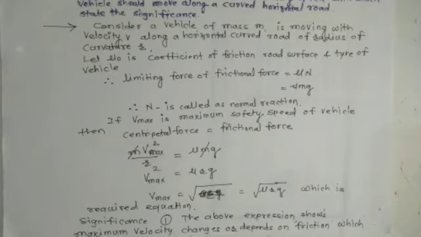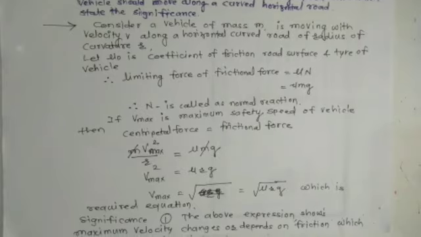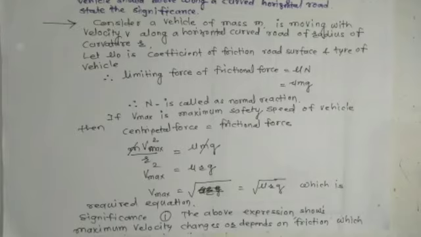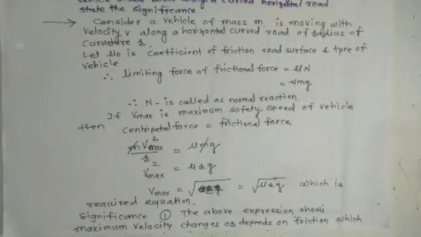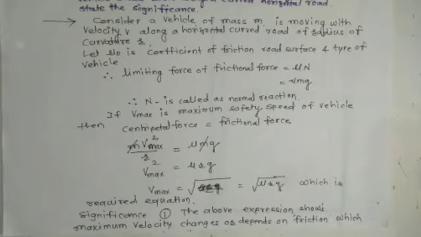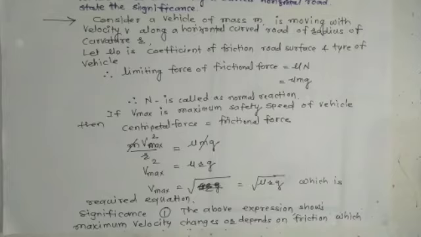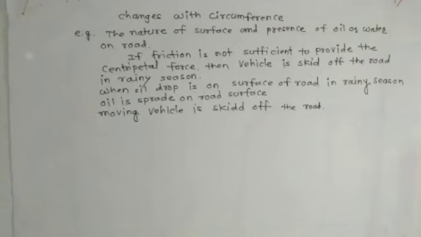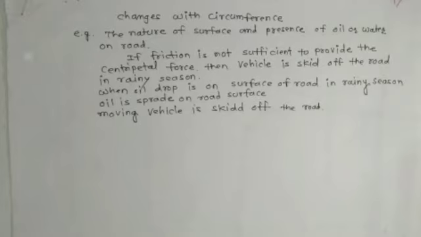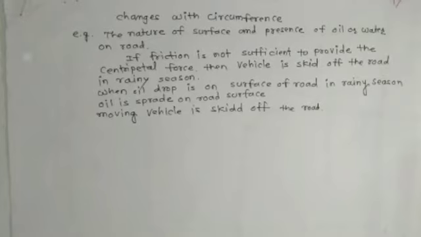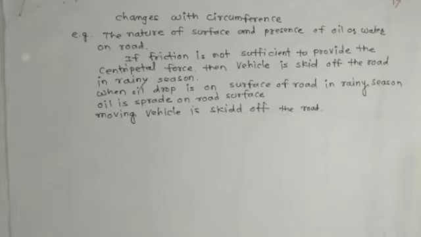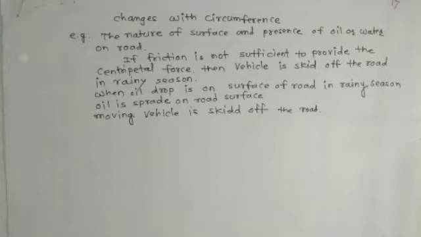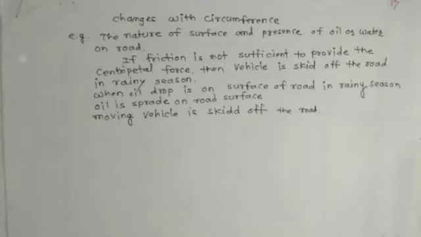So the significance is that the above expression shows the maximum velocity depends on friction. Friction changes with the nature of the surface and the presence of oil or water on the road surface.